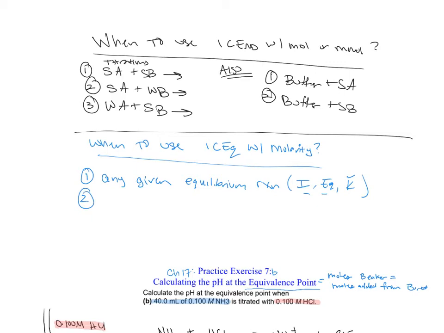The other reactions we learned to write ourselves: weak acid plus water equilibrium, or weak base plus water equilibrium. So hopefully that's a good review on when we use ICN with moles or millimoles and when we use ICEQ with molarity.